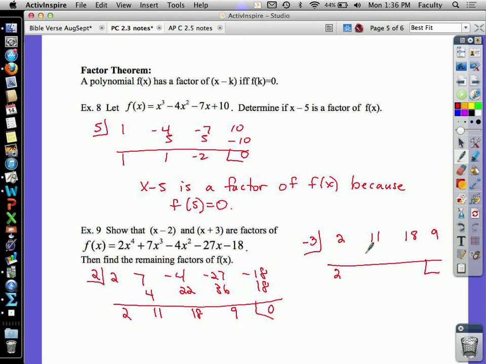So I bring down the 2. So x minus 2 and x plus 3 are factors of f of x, and I know they're factors because the remainders were 0.